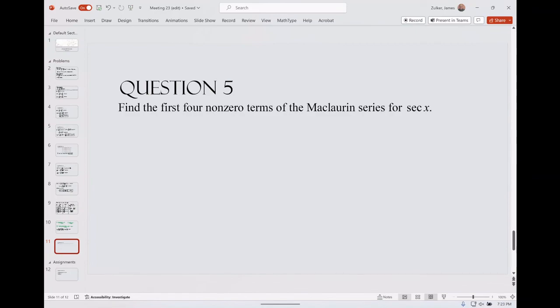Find the first 4 non-zero terms of the Maclaurin series for secant of x.